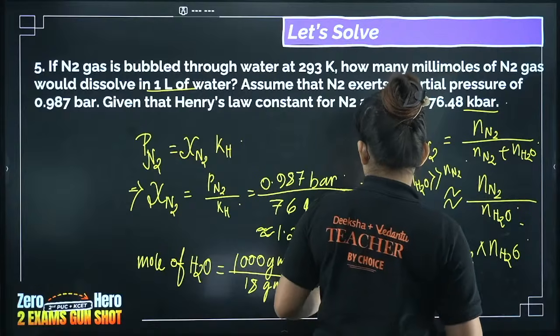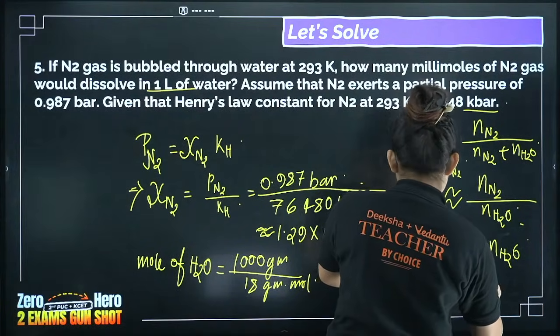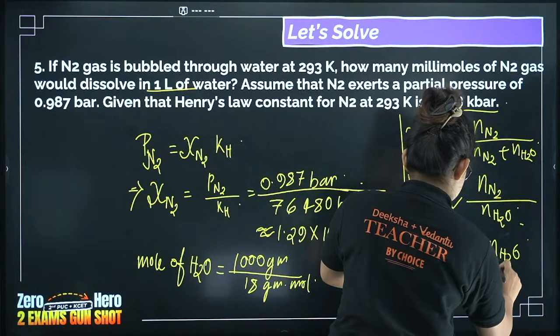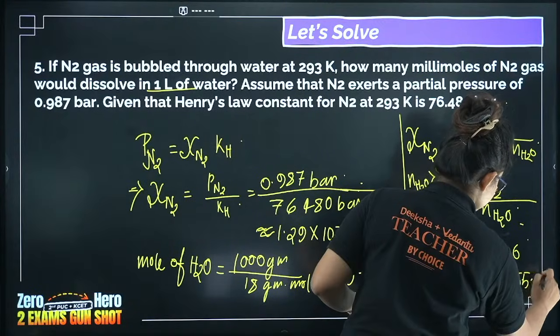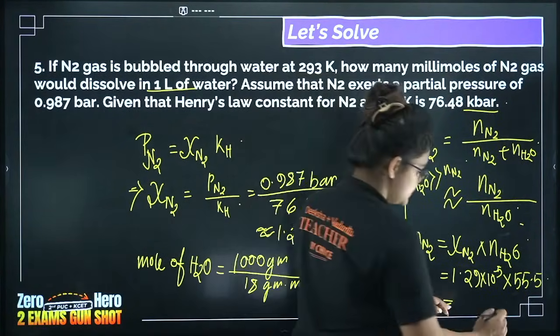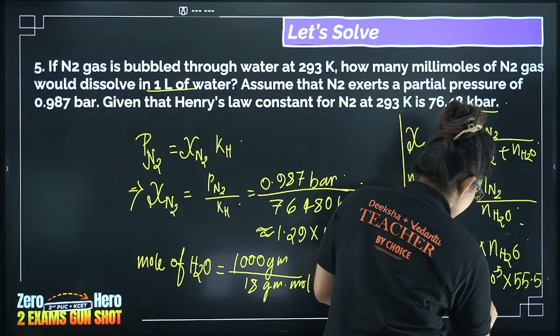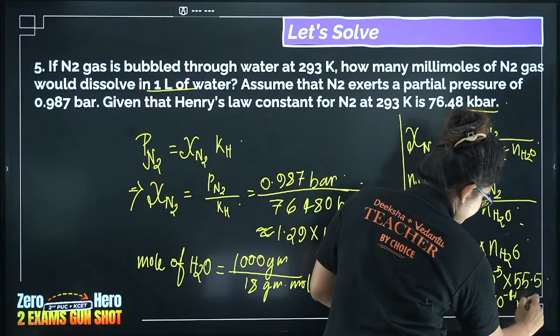So mole fraction of N2, you can see it's 1.29 into 10 power minus 5, into 55.55. Okay, so from here you will get 7.16 into 10 power minus 4 mole.